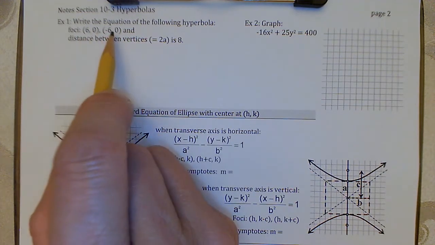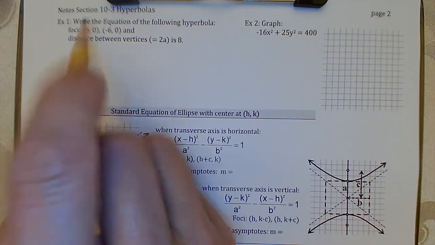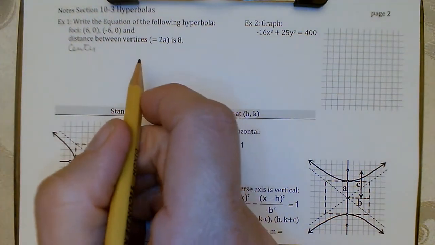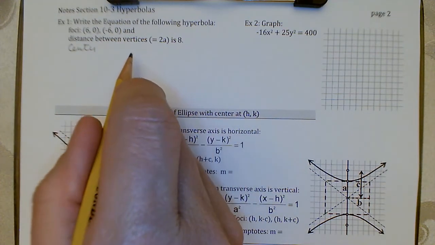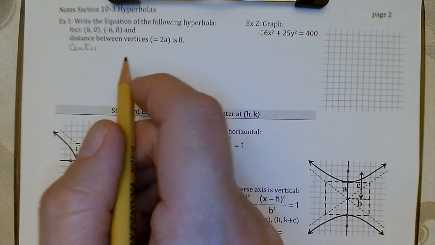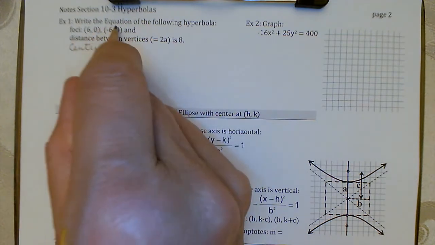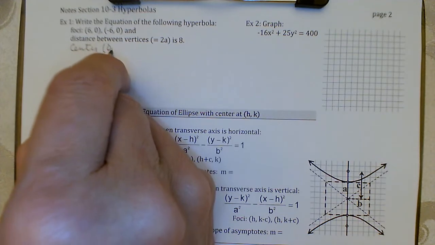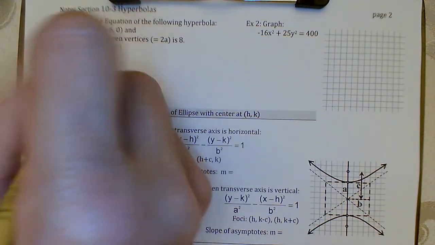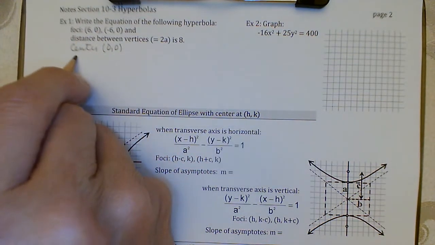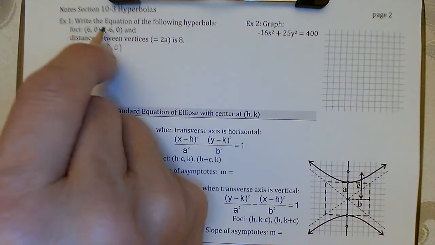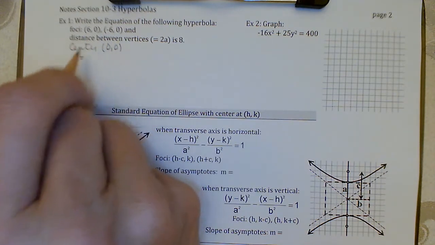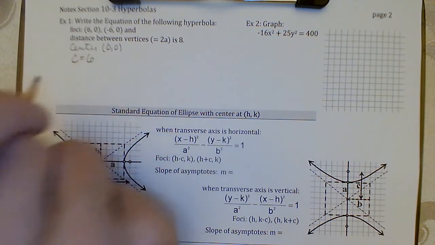Midway between the two foci is the center, so we could pretty clearly see that the center is 0, 0. That also allows us to see that C, the distance from the center to one of the foci, is clearly 6.